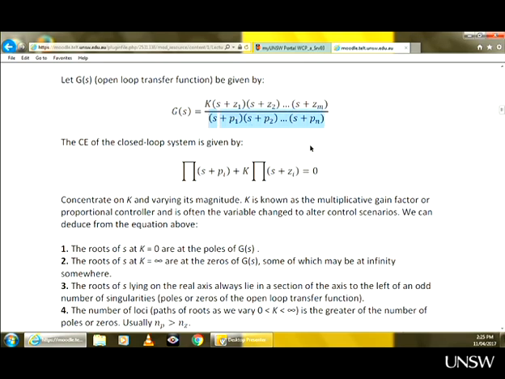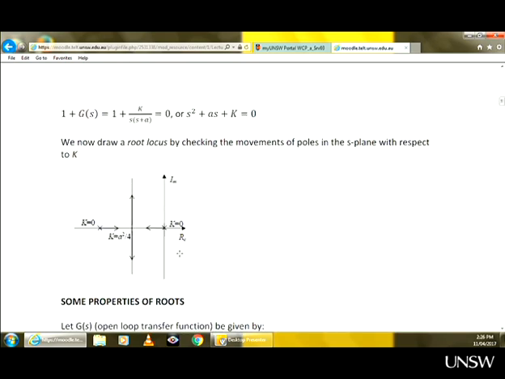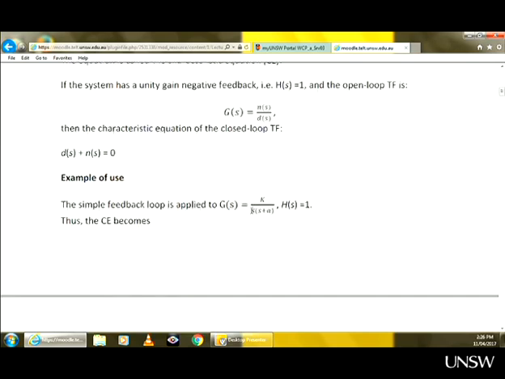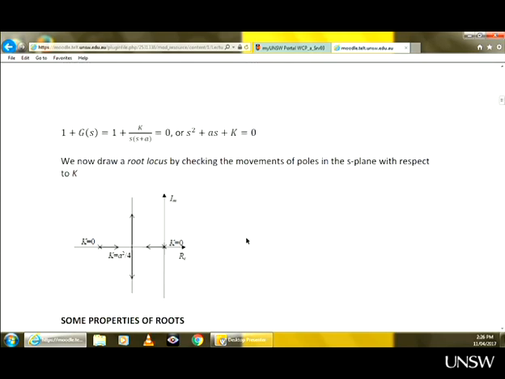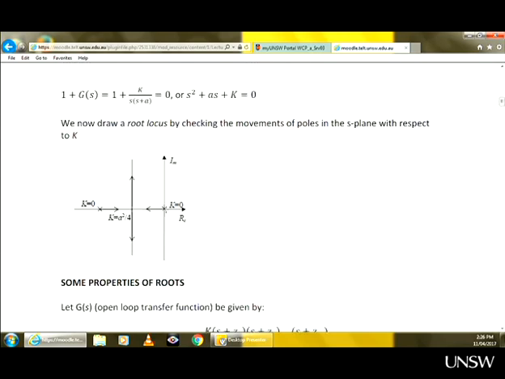So when k equals 0, the poles of the open loop are the same as the poles of the closed loop system, which is what we said here. If you remember, the original system, the open loop system, has two poles, one at 0, one at minus a. The closed loop system also has a pole at 0 and another pole at minus a. But that's true only when k equals 0.